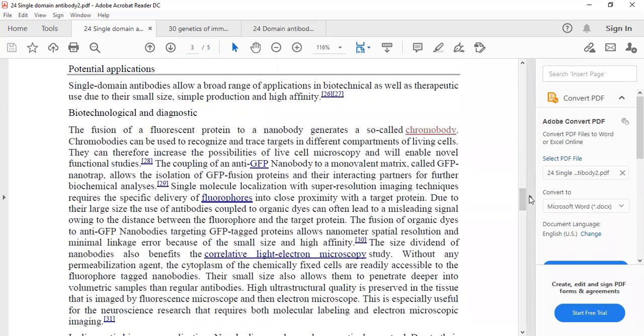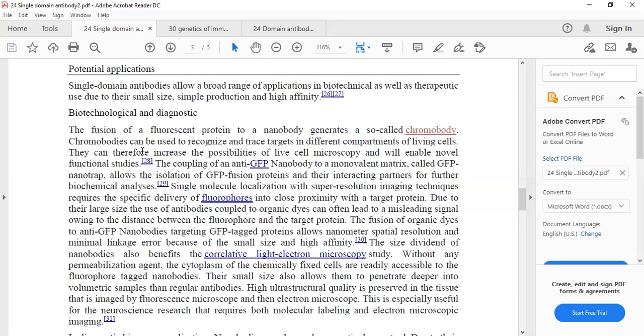What are the potential applications of single domain antibodies? These are constructed mostly for laboratory purposes, and are used for biotechnological and diagnostic purposes. Suppose one microorganism is very uncommon and cannot be identified by the general procedures.